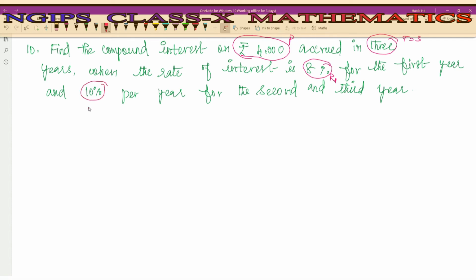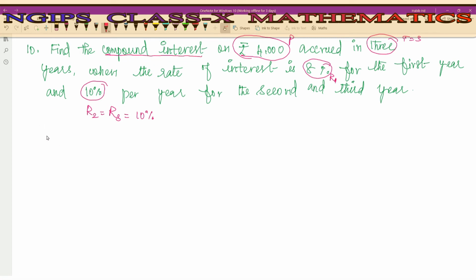So for the second year and the third year the rate of interest is 10%. We need to find the compound interest.